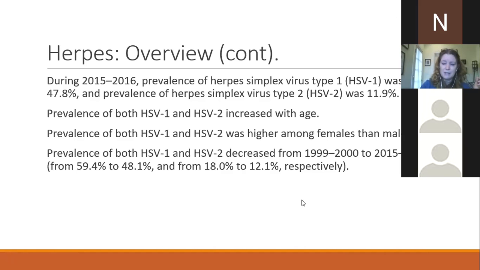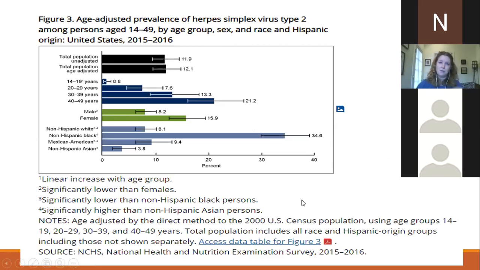One of the consequences of that, however, is that now your generation is more vulnerable to getting genital HSV1, and we'll talk about that. So again, significant racial disparities here. And then you can see the prevalence of women, females compared to males here. So very, very common, obnoxious, not dangerous.